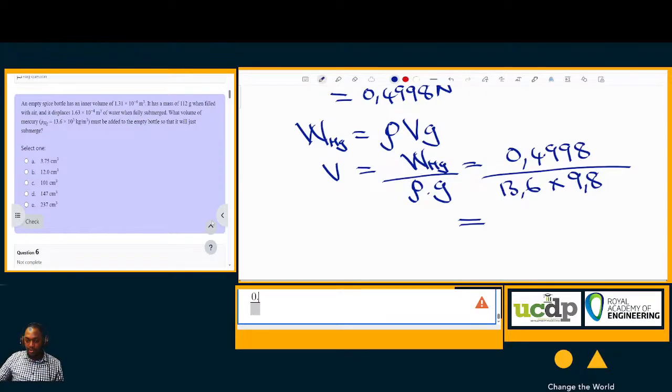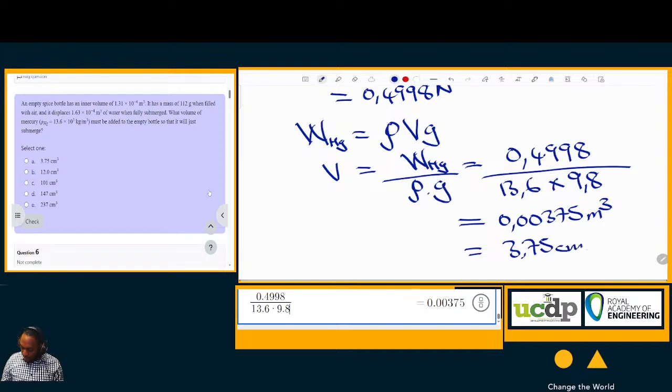That would be 0.4998 over 13.6 multiplied by 9.8. That's the value that you get. Okay, that will be 0.00375 in cubic meters, and to get cubic centimeters, multiply that by 1,000, you should get 3.75 cubic centimeters.